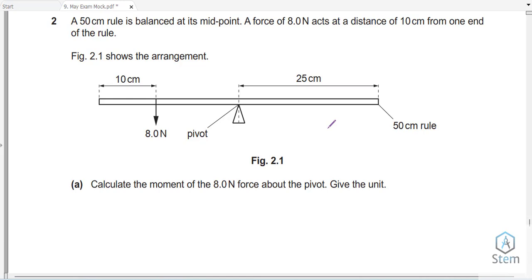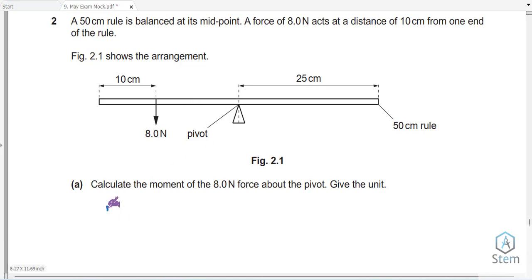A 50 centimeter rule is balanced at its midpoint. A force of 8 newtons acts at a distance of 10 centimeters from one end of the rule. Calculate the moment of the 8 Newton force about the pivot and give the unit.